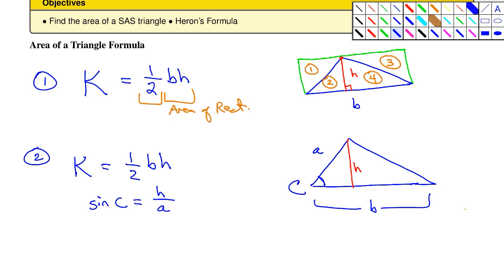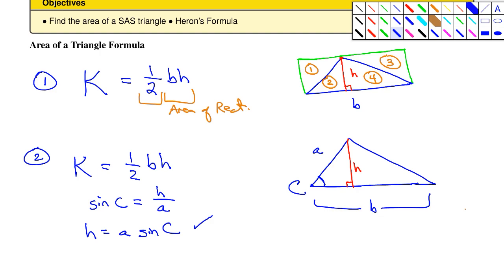The opposite of C, in this case, with reference to this right angle here, is H. And the hypotenuse of this triangle on the left is A. So if I solve that for H, I get A sine of C. So that's something that you should always remember, that the height from a triangle is the hypotenuse times the sine of the angle that is opposite the height you're trying to get.